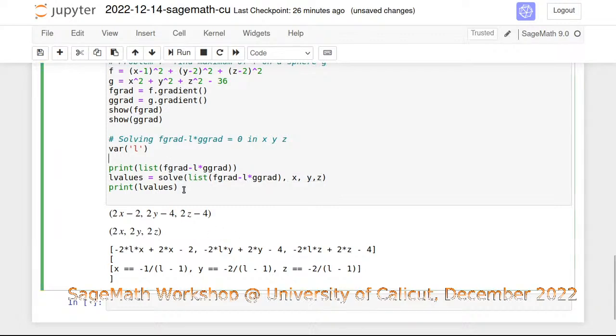Okay, let me update the whole code in the Google document. So update. Please try.